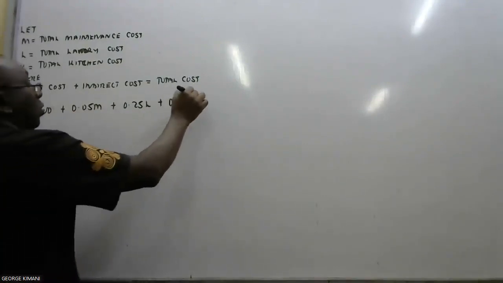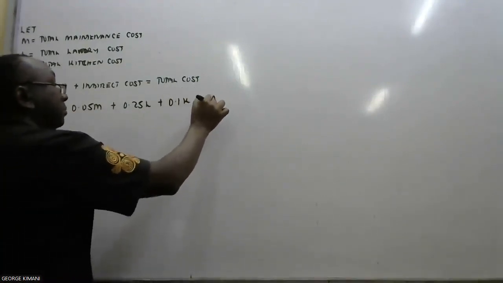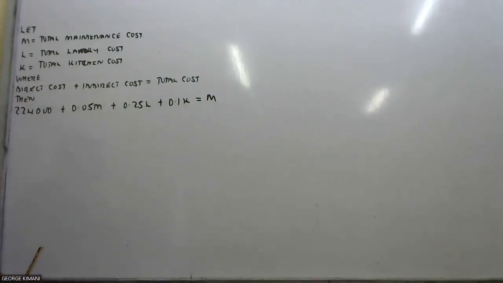Direct is the one that is already given without any share. Should be equal to M, because you have said M is the total cost. So you seek to put like terms together.